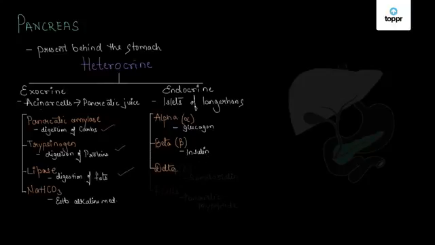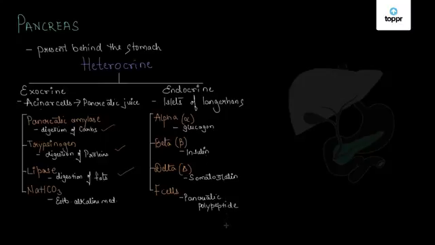Next are the delta cells. Delta cells secrete somatostatin, and lastly the F cells secrete the pancreatic polypeptide. So these are some of the cells of the pancreas and these are their secretions.